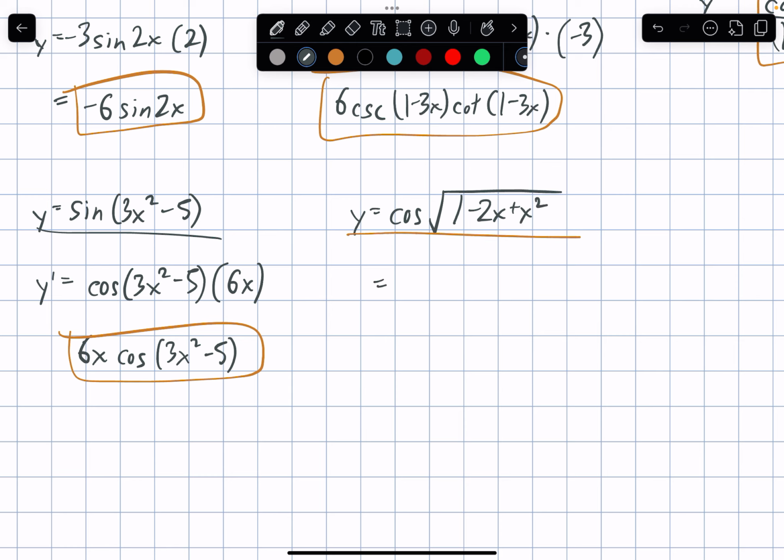How about this? So cosine, the derivative of it is going to be negative sine. And then just copy. Times the derivative of it. So it's going to be 1/2.